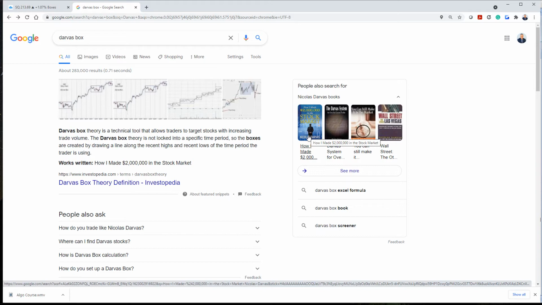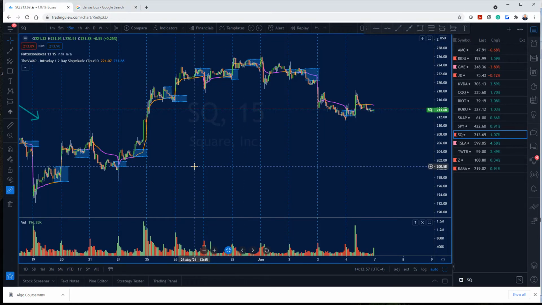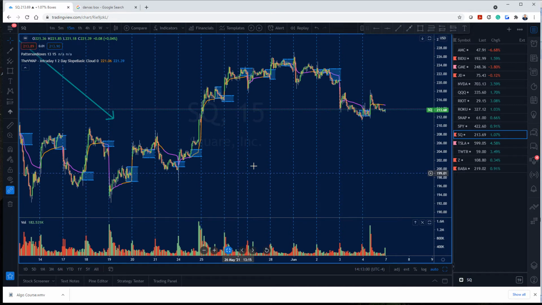I was always fascinated by Darvas because he was really just an amateur guy that came in and made $2 million. And in 1950, that'd be like making $20 million today. So for a long time, I worked on a similar method that created boxes that were even more powerful because I understood the concept behind it.